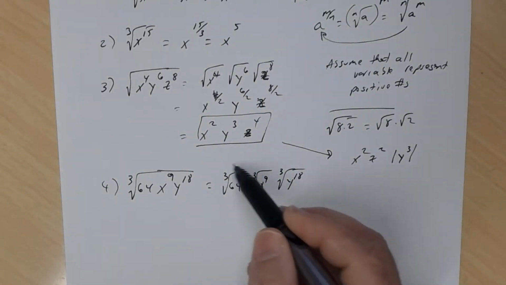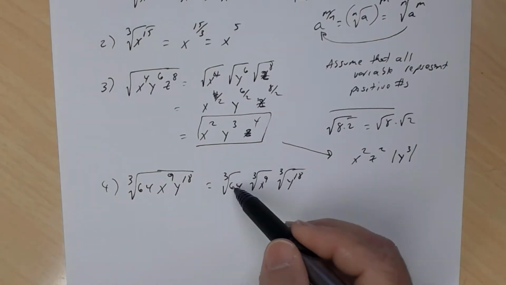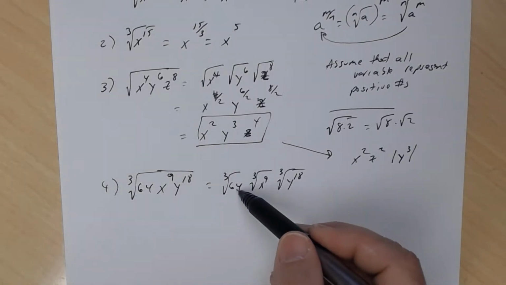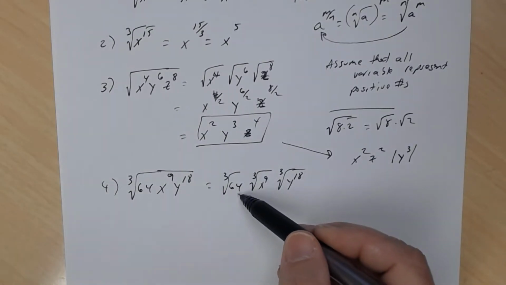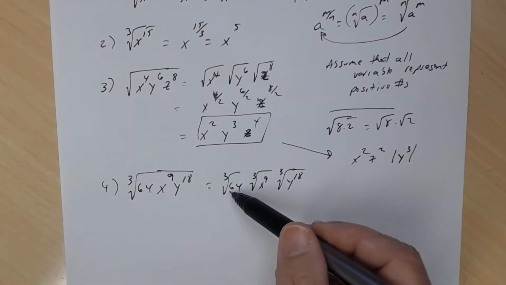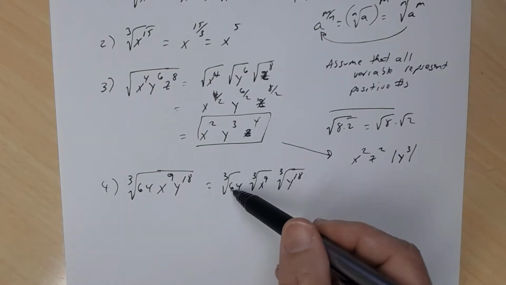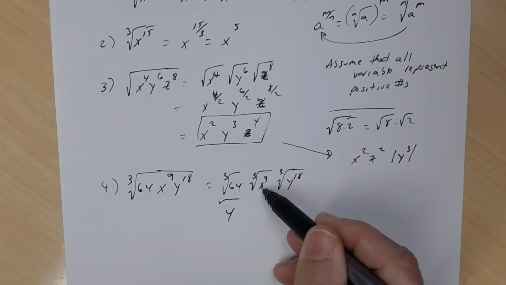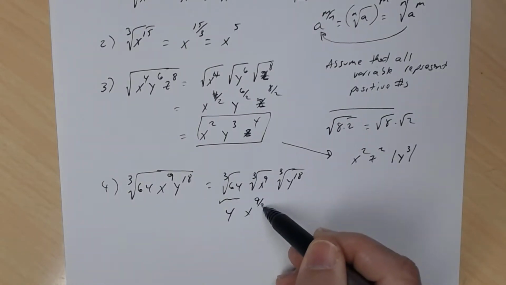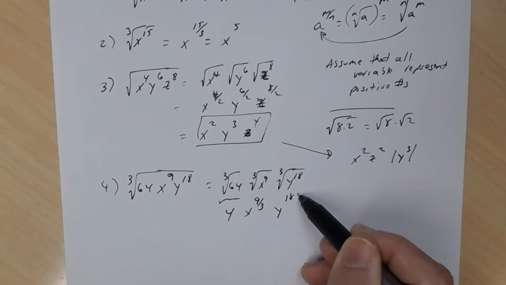And so the cube root of 64, now notice this is a number, so you have to think of this a little bit differently than these. The cube root of 64 means what real number times itself 3 times is 64? So the answer is 4. So this right here is 4. And then this becomes x to the 9 divided by 3, y to the 18 divided by 3.